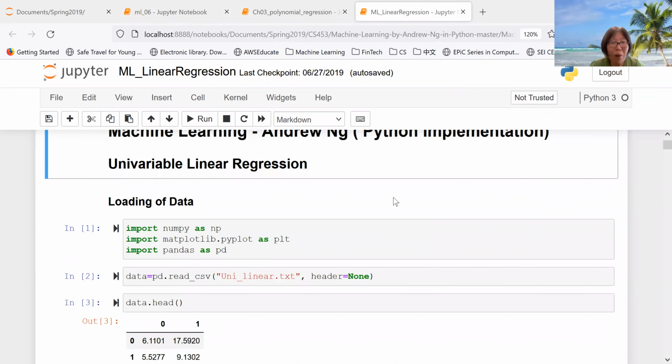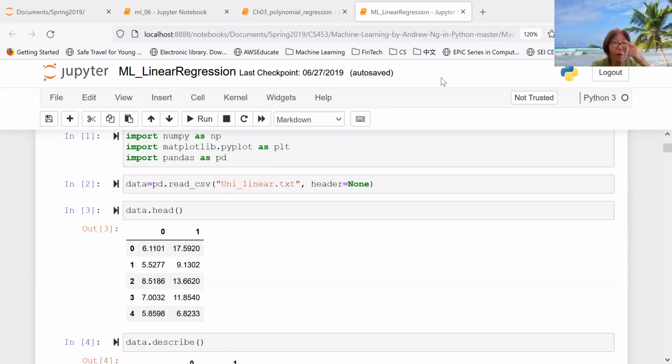On our course website, we also provided the data file, and of course you need to import the respective libraries: NumPy, pandas, and this one is for plotting. Here is a pretty simple data file, a CSV file, and here is a glimpse of what the data looks like.